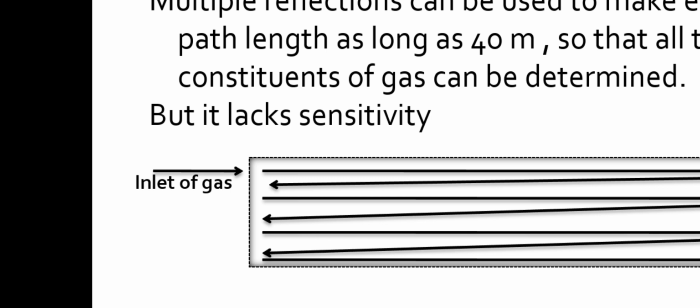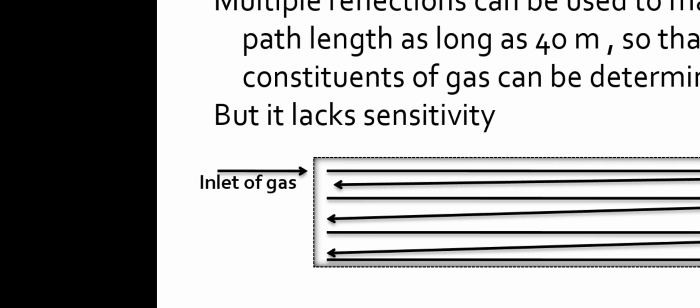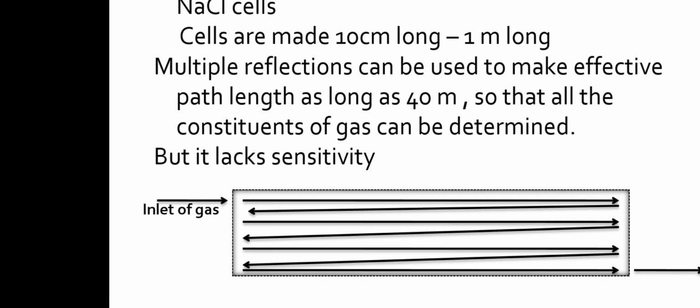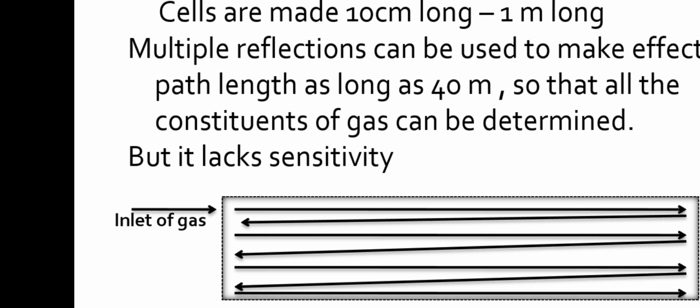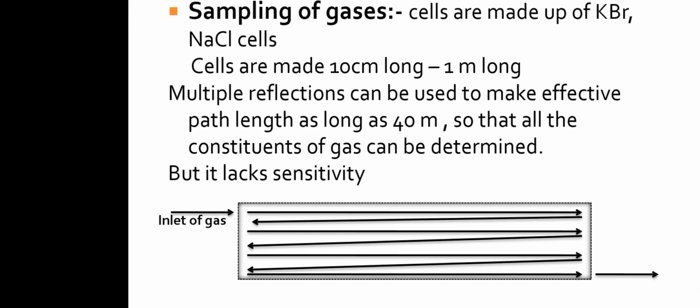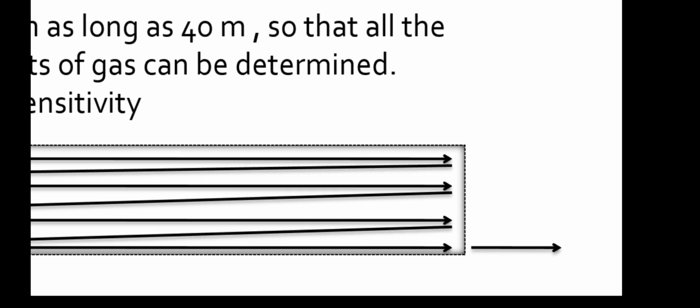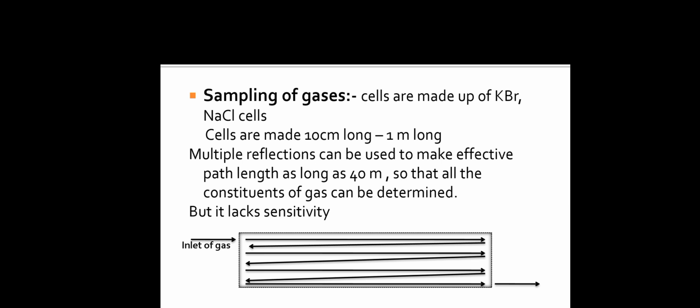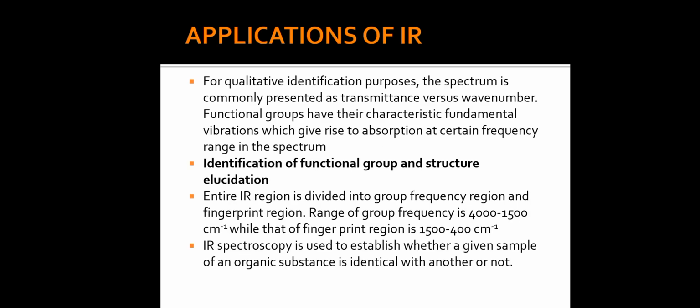We fill the sample gas inside the cell, and there is an inlet of the radiation from one side of the cell, and the radiation interacts with all the constituents of the gas, and an effective path length of as long as 40 meters is made by multiple reflections inside the cell, and after that the IR radiation is emitted and the transmitted wavelength is measured.